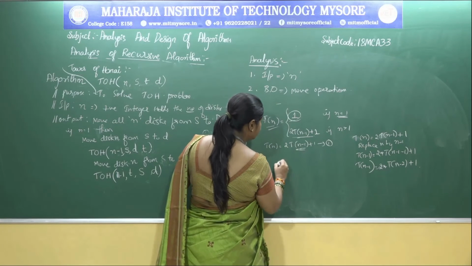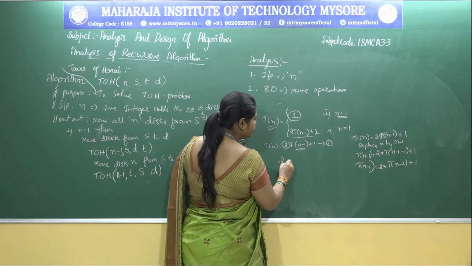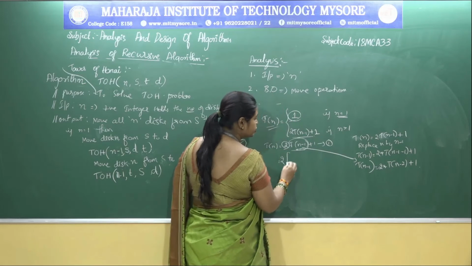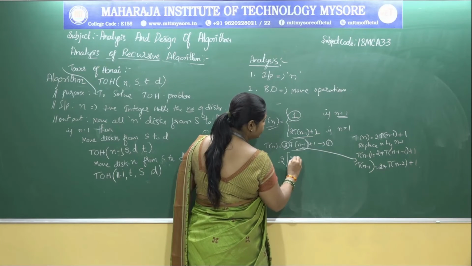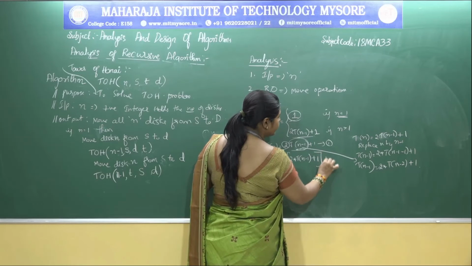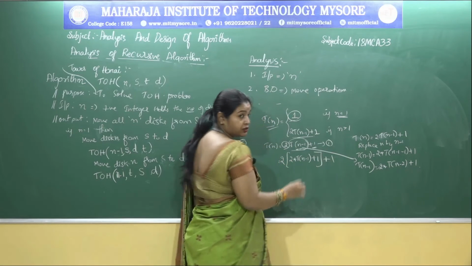So substitute the value here. Here we have 2, keep it aside, and now we need to substitute the value of T(n-1), that is 2 into T(n-2) plus 1, and another plus 1 here. Okay.